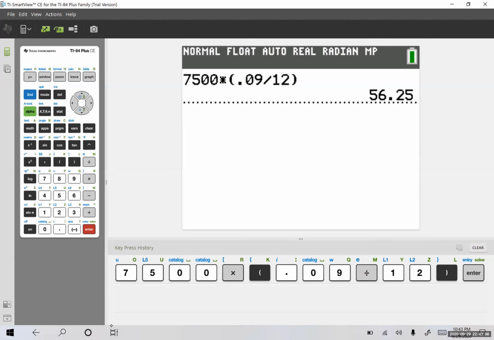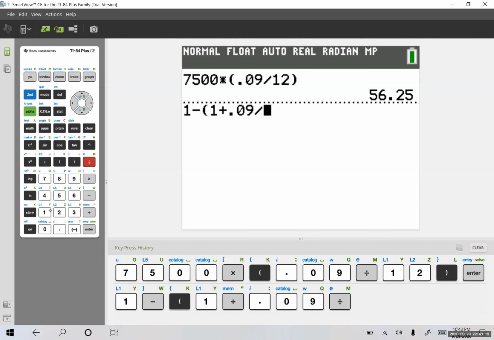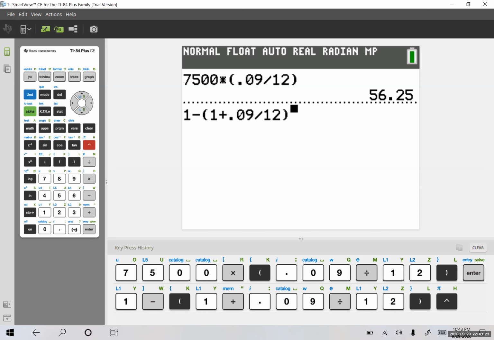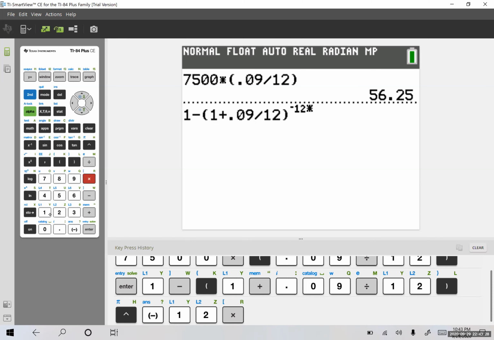So I'm going to do 1 minus parentheses, and then it's going to be 1 plus 0.09 divided by 12, close parentheses, to the power of negative 12 times 10, I believe. How much was it? 10 years? Negative 12 times 10.